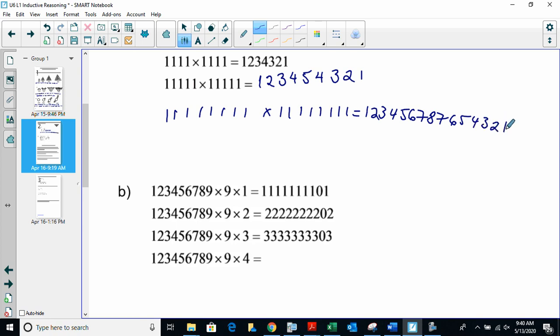And you can check it in your calculator if this reasoning is right or not.